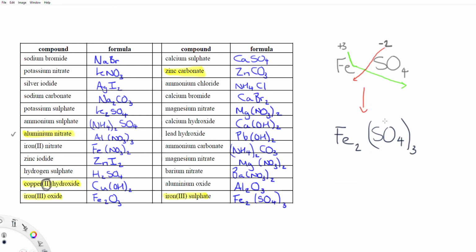And if you think about it, it does make sense, because if iron has a 3+ charge and sulfate has a 2- charge, if I have another sulfate, it's still not going to equal 0. Because there's more negatives than positives, I would have to have another 3+ charge here.